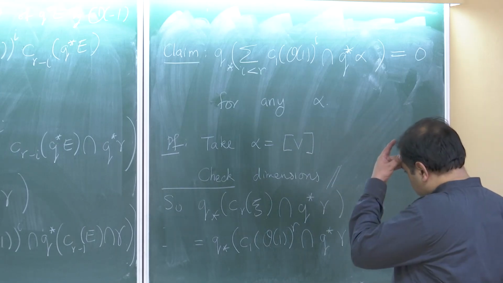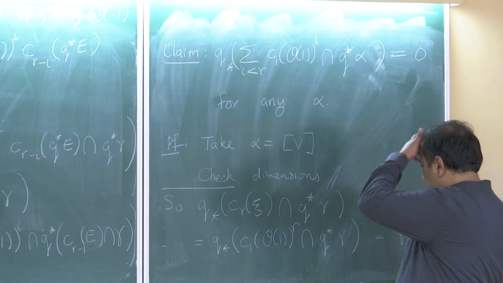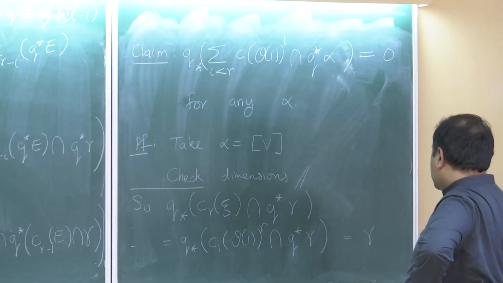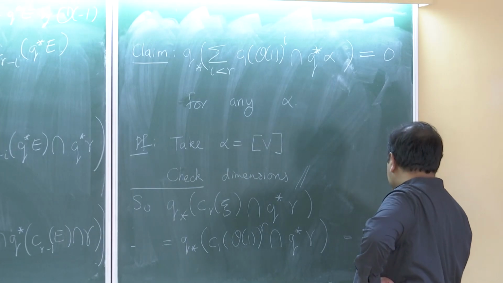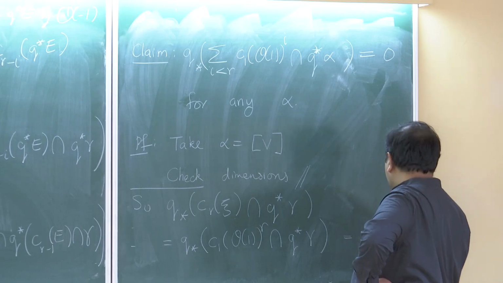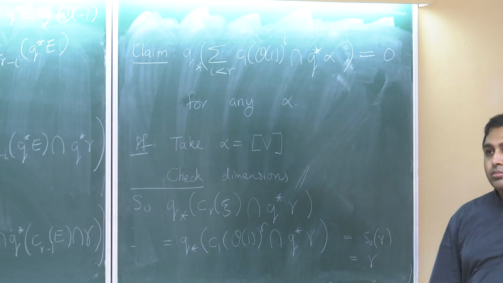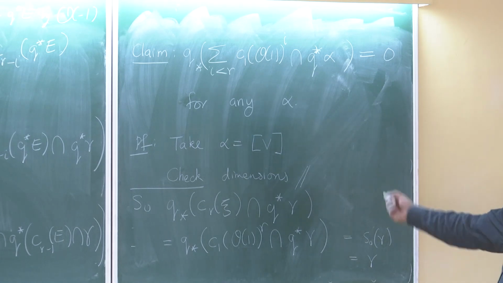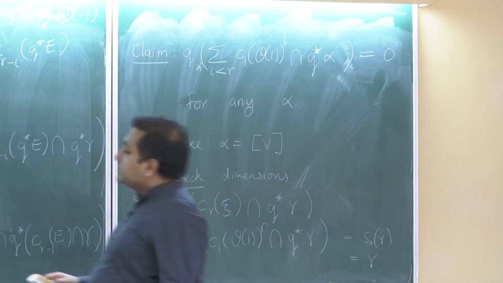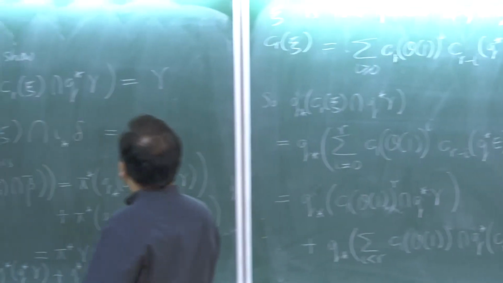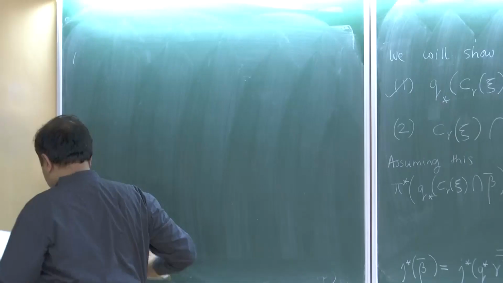This is actually equal to gamma. So why is it equal to gamma? This is equal to the Segre class, S0 of gamma, which is equal to gamma. We are in a vector bundle setting, so now we can talk about individual Segre classes. That takes care of one, and I think two is even simpler.